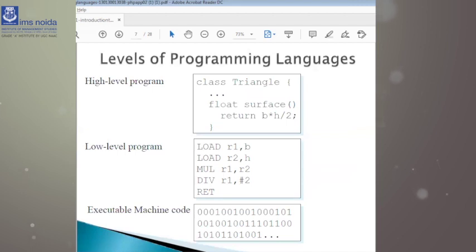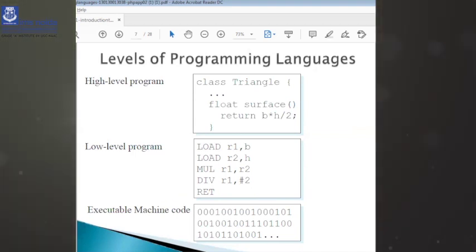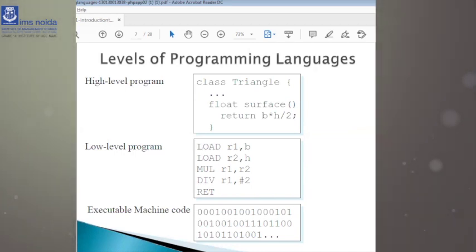Some programming languages provide less or no abstractions, while some provide higher abstractions. So based on the levels of abstraction, we identify two categories. One is low level language and second is high level language. In high level programs, you write the code in English.